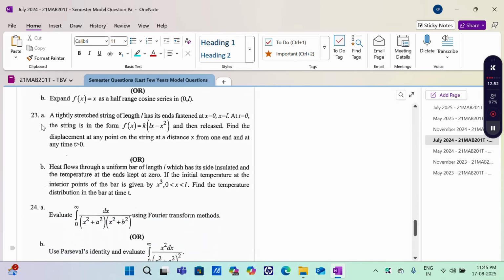And 23a is nothing but the application of partial differential equations, one dimensional wave equation, or one dimensional, I think this is a temperature related problem, one dimensional heat equation.